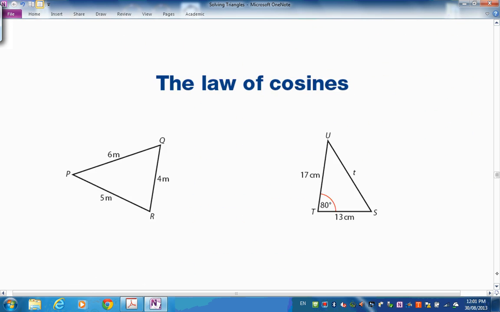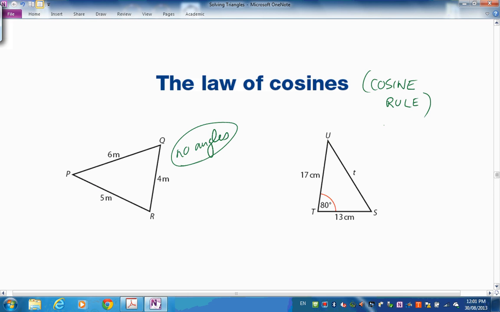And the law of cosines, was commonly called the cosine rule. Sine rule and the cosine rule. Okay, well let's have a look. Why do we need another rule? Well, we just mentioned sine doesn't tell us if the angle goes bigger than 90, that's in the second quadrant. But also, there are no angles here, so you can't use the sine rule.